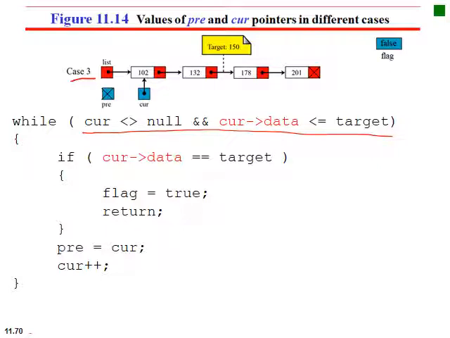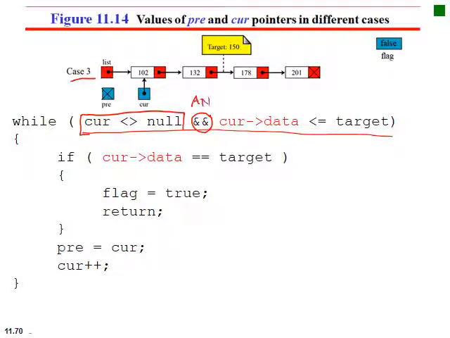So we will say while current is not equal to null, so this was the condition all along in the previous slides. So while current is not null, in other words, while it is still pointing to something, and the two ampersands, the double ampersand sign, means the logical and.